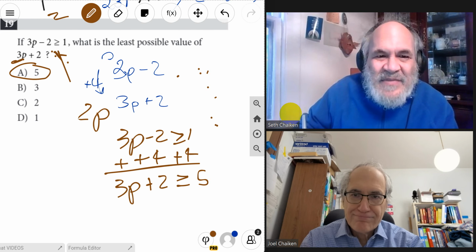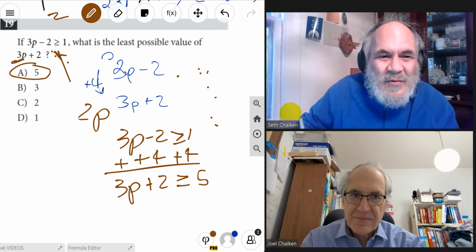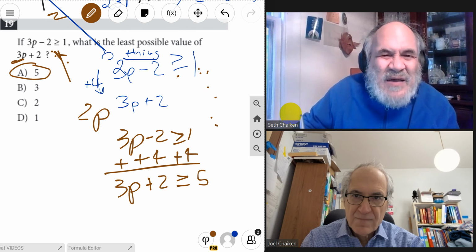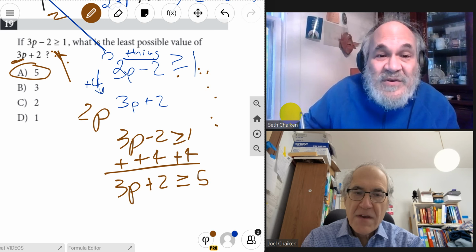And you're being told that this thing is greater than or equal to 1. So the least possible value of this thing is 1, and the thing below it is just 4 more. 1 plus 4 is 5, which is what you got.